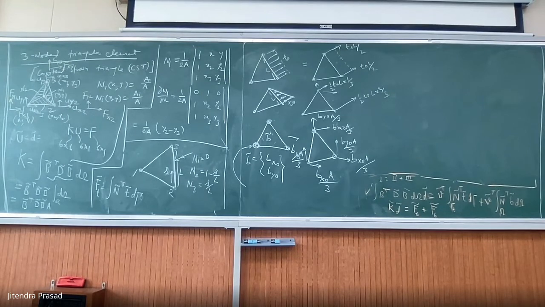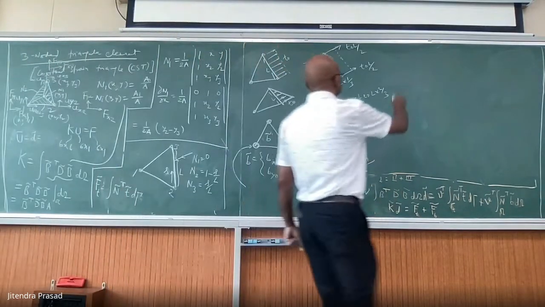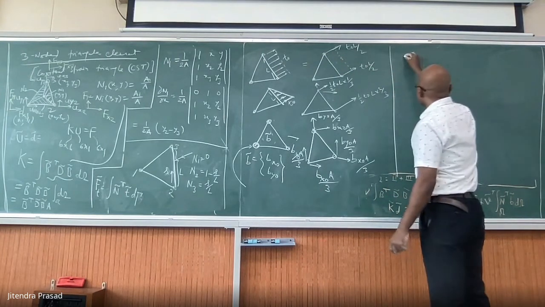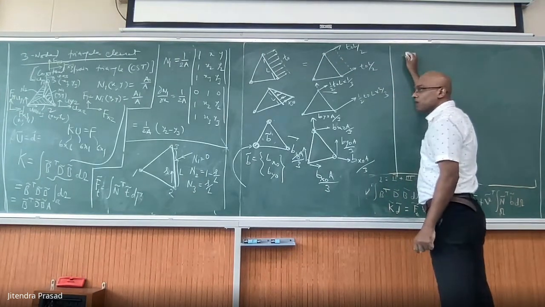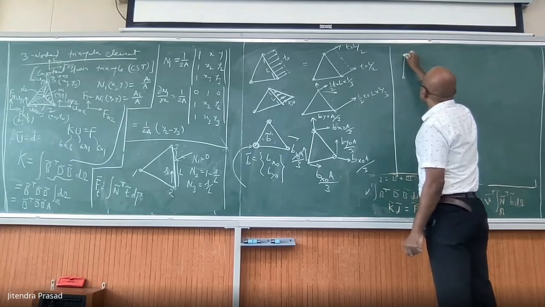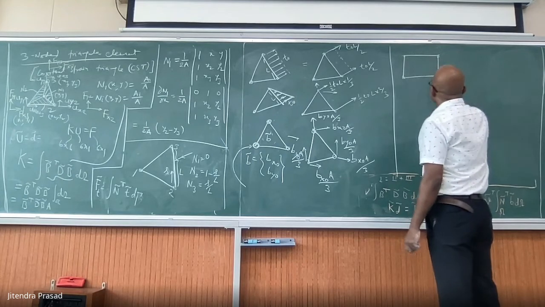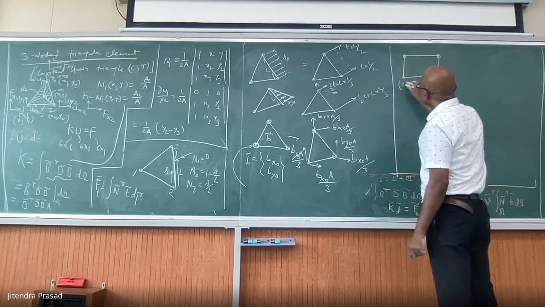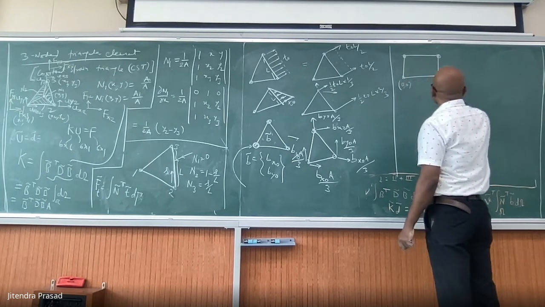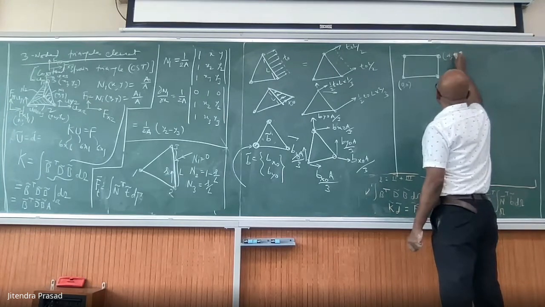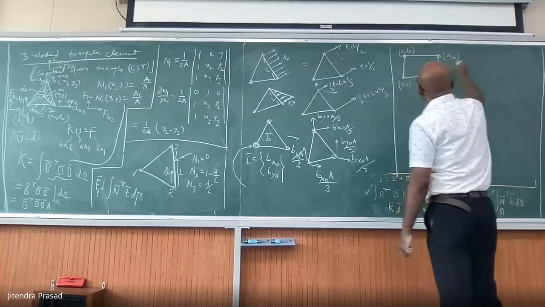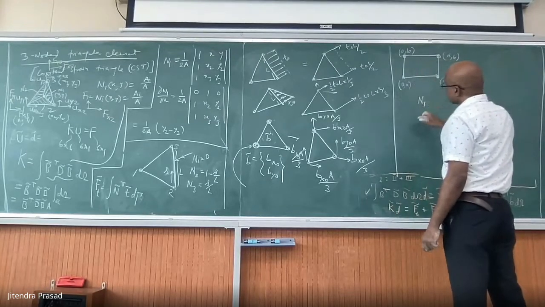Any question? Okay, and once you have that, you can also do the rectangular elements. Everything remains the same. Only thing is, let us say you have the corners (0,0), (a,0), (a,b), (0,b). Then you can find N1, N2. You remember, right?